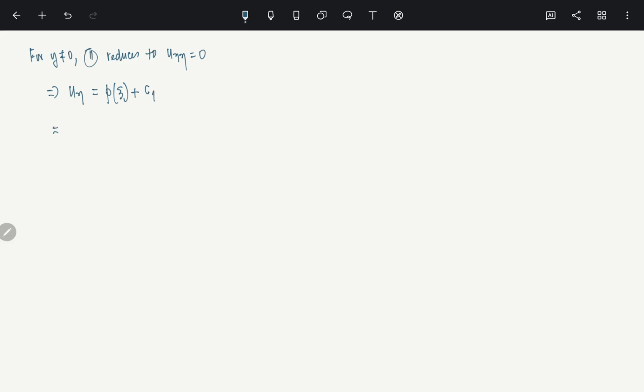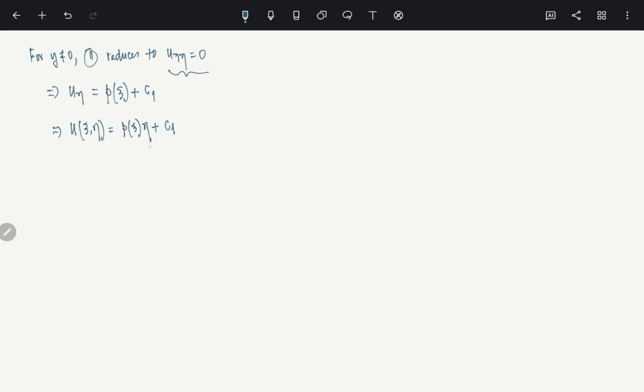Okay, now what is u of ξ, η? Then again integrating the whole thing, you get p of ξ times η plus c1. This is what we are going to get. So this is a harmonic equation.